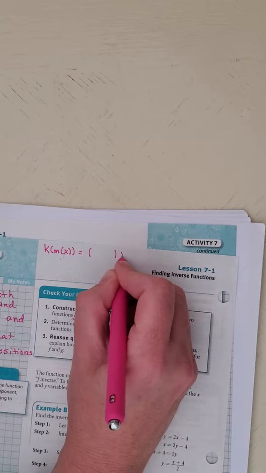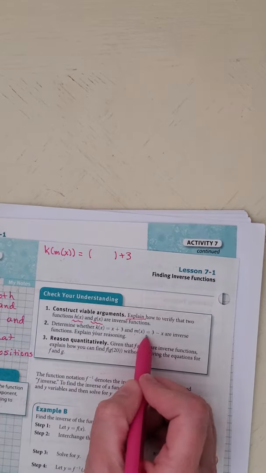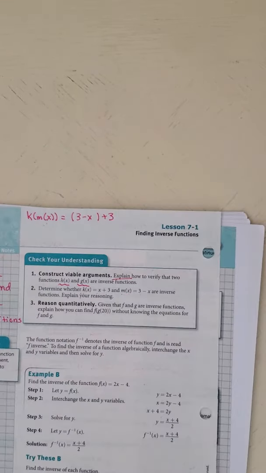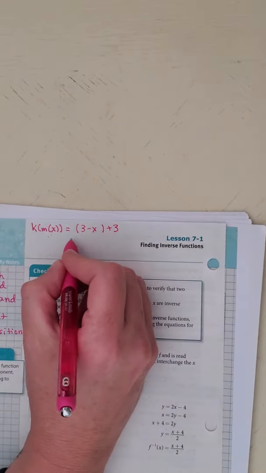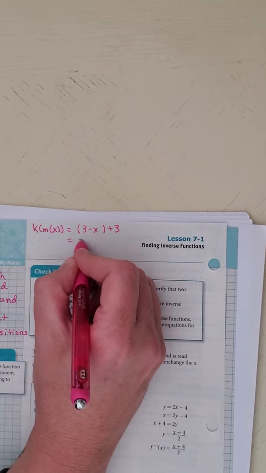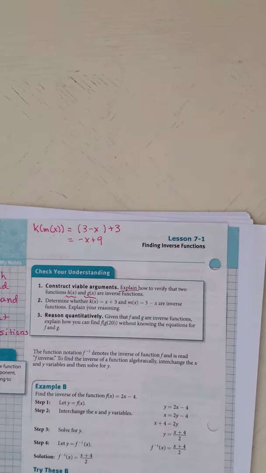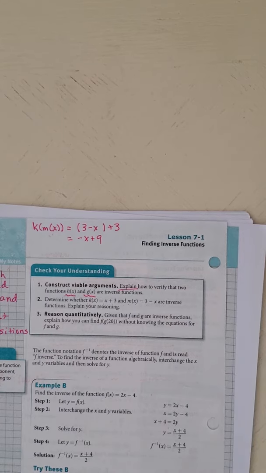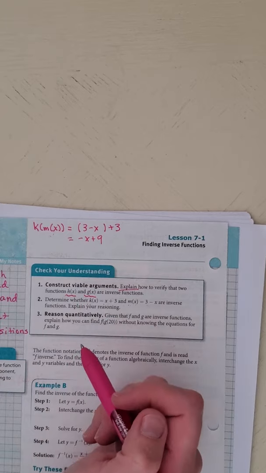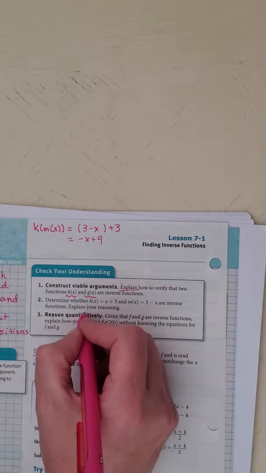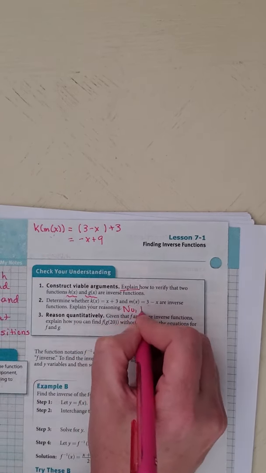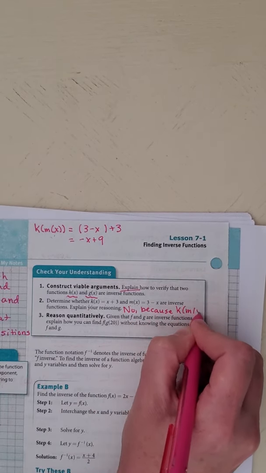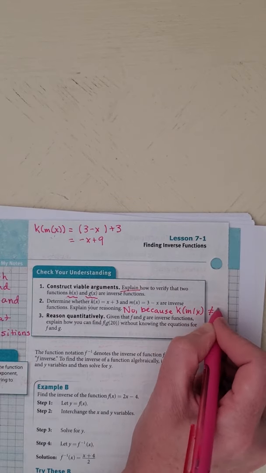It's going to be x plus 3, and I will substitute in 3 minus x. I can see that when I do this, I get negative x plus 9, and I can stop at this point because I see that these are not inverse functions. So they're not inverse functions, no, because k of m of x does not equal x.